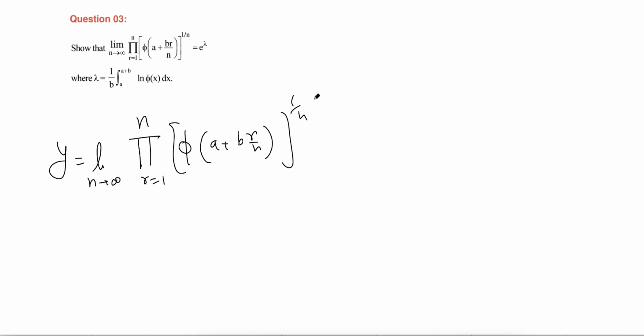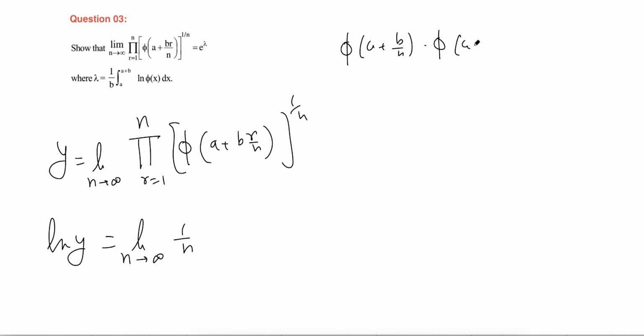I will take log both sides because power is there. So ln y is equal to limit n tending to infinity 1 by n. Watch it. What does this pi mean? Able to understand? This pi means phi of a plus b by n into phi of a plus 2b by n and so on.